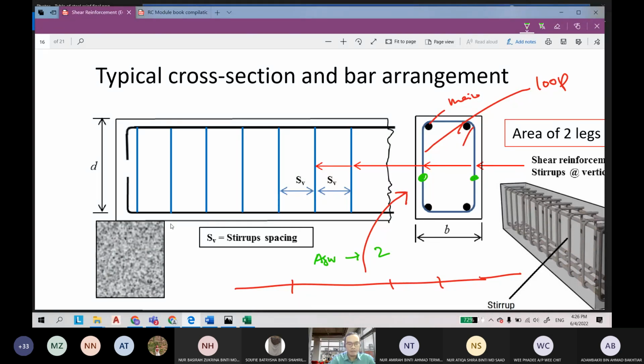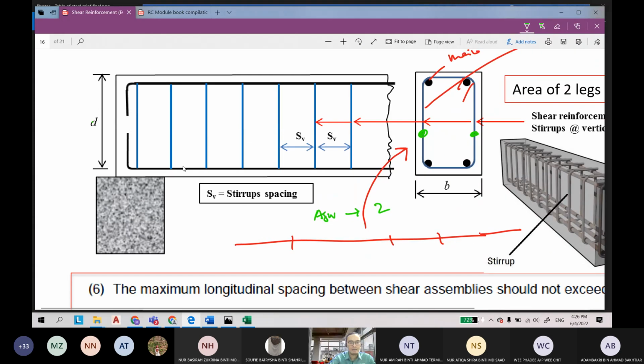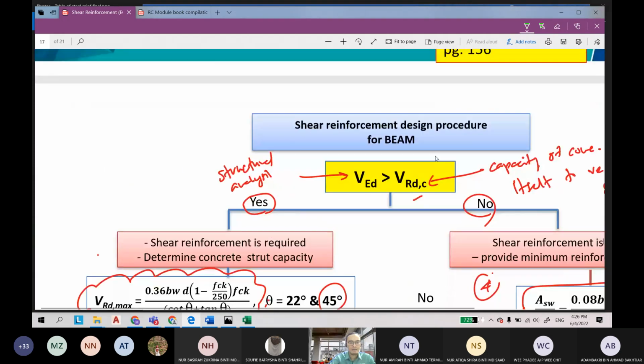If our design is like this, in some cases you might find this design of beam. Here maybe you have 1, 2, 3, 4, then 1, 2, 3, also 4, maybe 6 at the bottom.